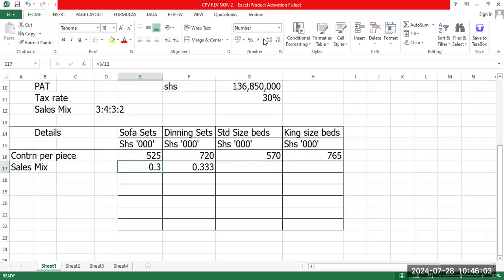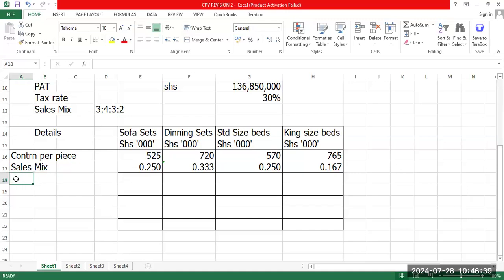Then here I get 3 divided by the total, which is 12. Then here it is 2 divided by 12. And I can put my answer in 3 decimal points. Then here the answer you have is in decimal points.